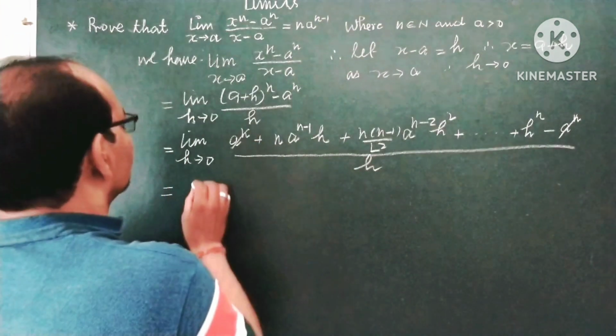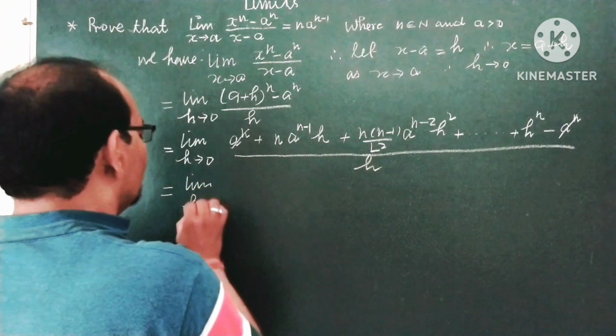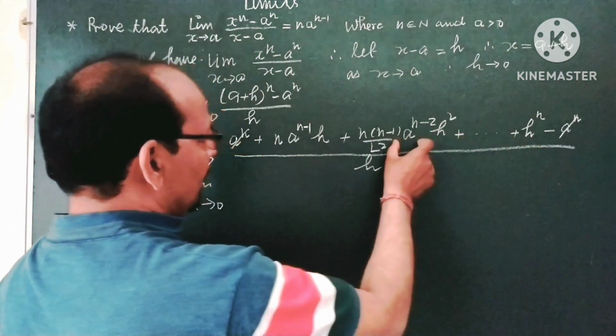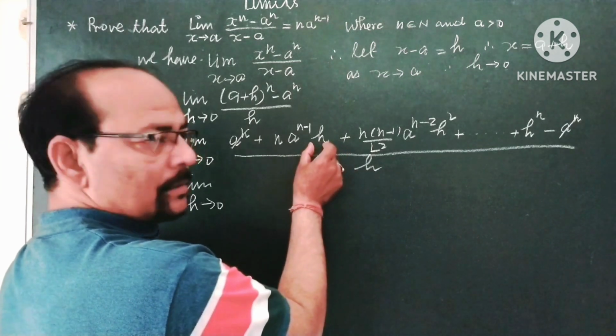Therefore, we write limit h tends to 0. From these terms, we will take common h.